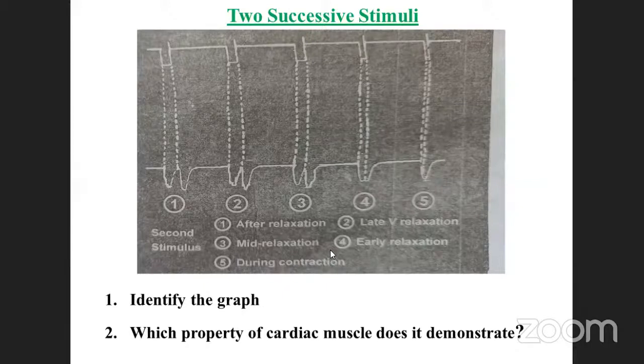Whatever the effect is there, it is due to the first stimulation. The second stimulus falls during the systole of the heart, and it is ineffective. So in this graph, only the contraction due to the first stimulus is recorded.